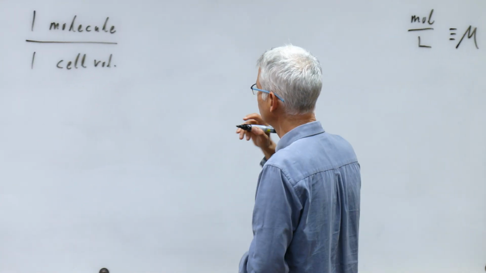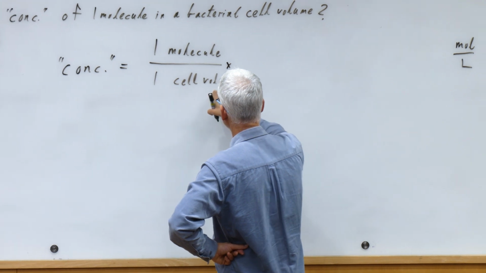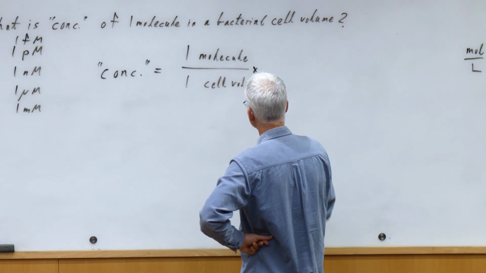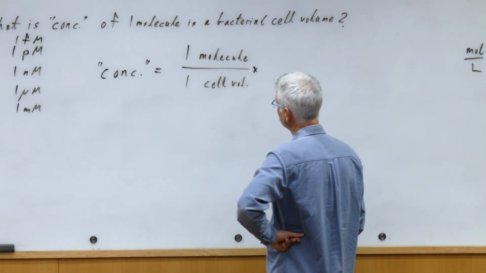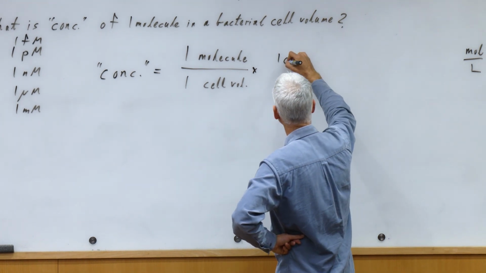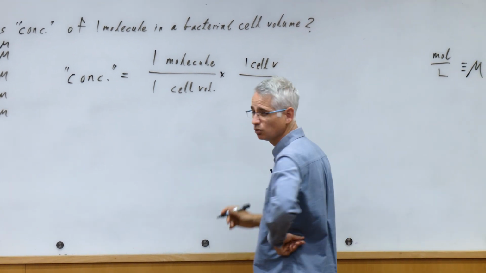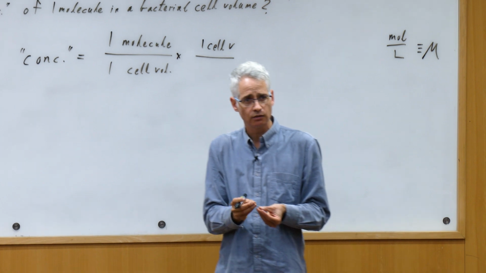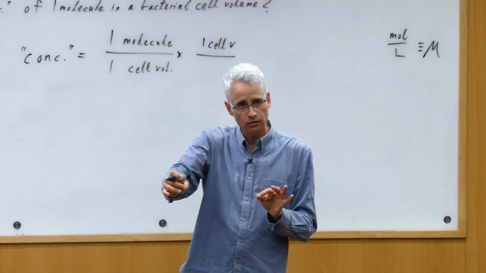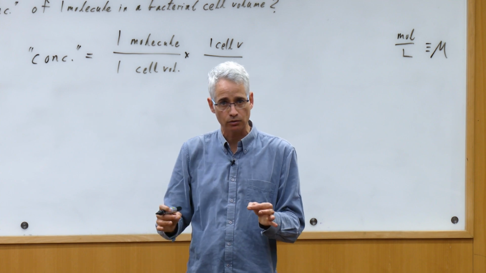Okay, so let's start multiplying by 1. For example, I want to get rid of the cell volume. So I can again multiply by 1. I can say 1 cell volume is equal to... so what is the cell volume? I remember my cell is like a micron in length scale. So it's a micron by a micron by a micron.